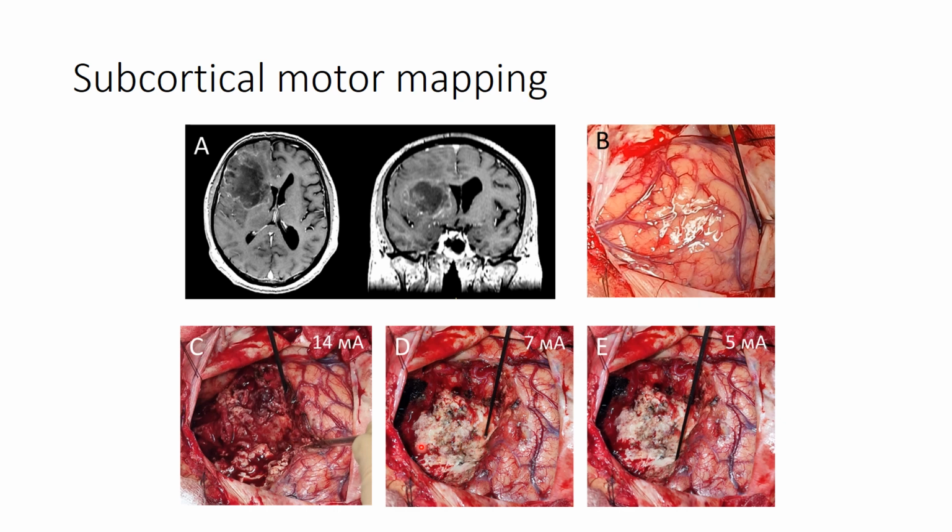So at this point of surgery, we have reached 40 milliamps. Here we have reached 7, and in the final part of the resection, we have even reached 5 milliamps, which corresponds to a distance of about 5 millimeters from the pyramidal tract.